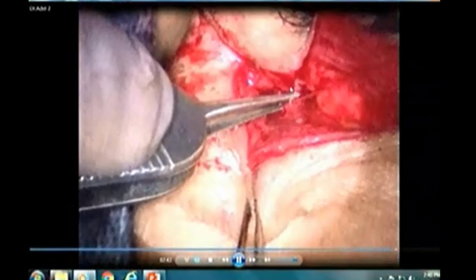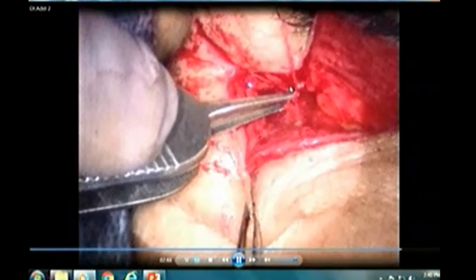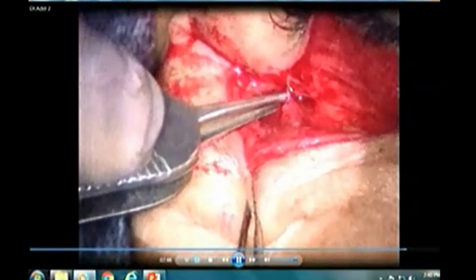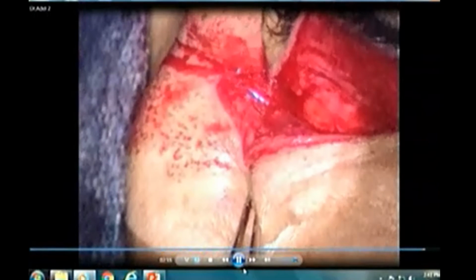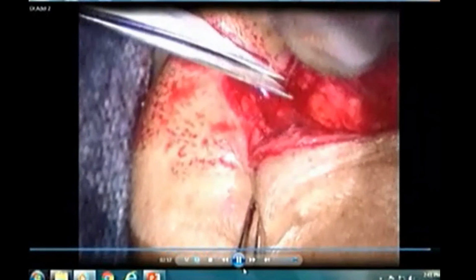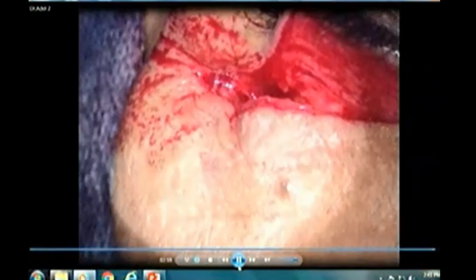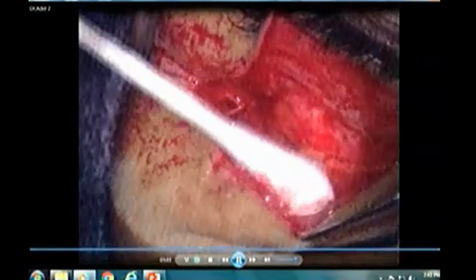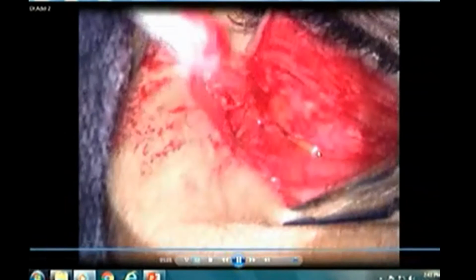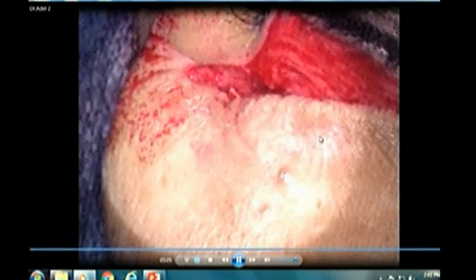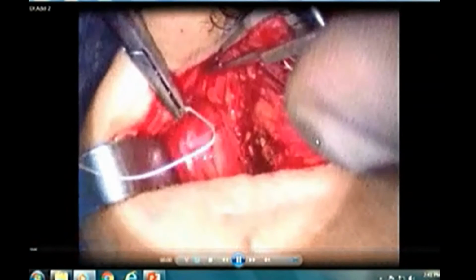Normally it's under tension, so I like the assistant to hold the knot so it doesn't slip. Just 1 minute, we'll finish. Yeah, you see here what I want to see. The orbicularis now is higher than its original origin, and this will shorten the lower eyelid for you.